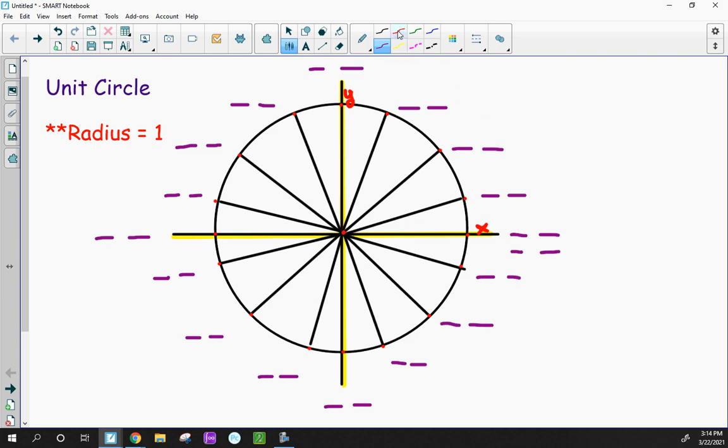So that is 0 degrees. The radians for that is 0 pi.